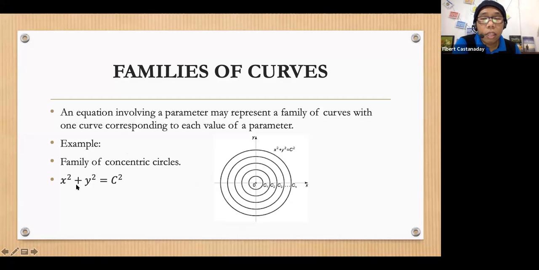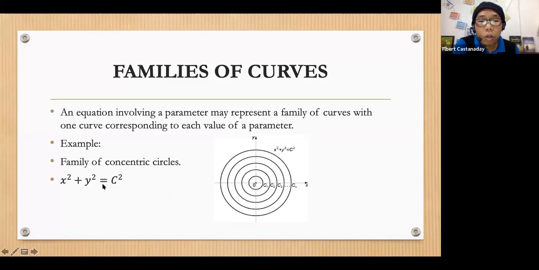Now, identify mo kung ano yung parameter dito. Pag sinabing parameter, bawat value ng parameter na yan could represent one curve. So as you can see in this equation, alalahanin mo yung equation ng circle: x squared plus y squared is equal to r squared. In this case, we utilized this symbol c for the radius, c squared.